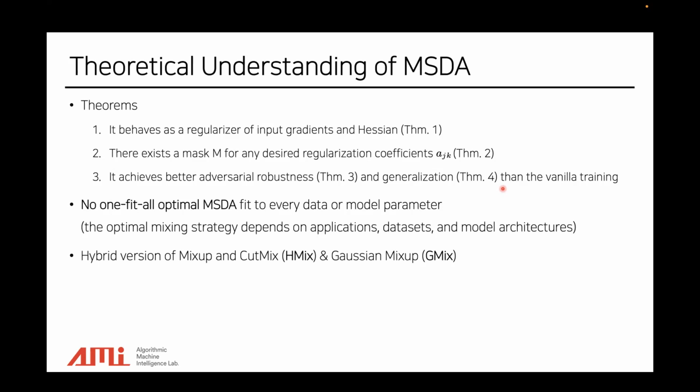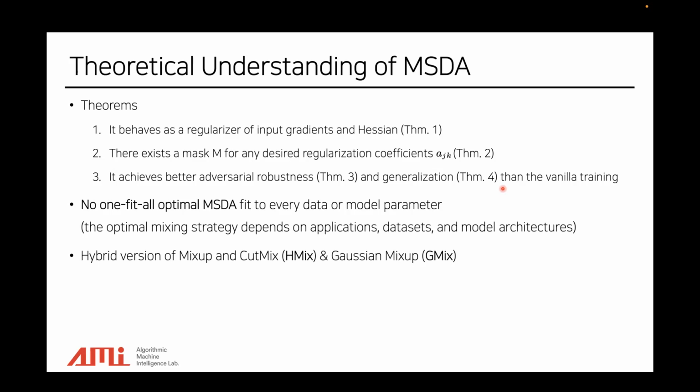The first theorem says that MSDA behaves as a regularizer of input gradients and Hessian. The second theorem says there exists a mask for any desired regularization coefficients. Theorems 3 and 4 say that MSDA achieves better adversarial robustness and generalization than vanilla training.